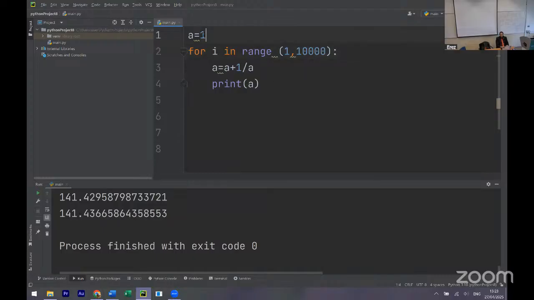What do you think will happen if the first element is smaller than 1, say half? What do you think the limit would be? What is the limit here? 141? Is that the limit? No, the same sequence when we took the first 100 elements was 14, and at 10,000 it was 141.